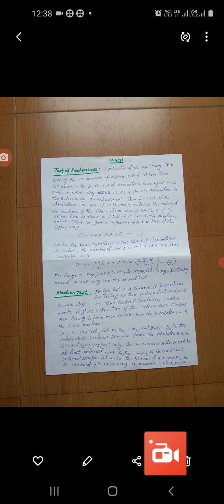That means xi is the ith observation in the outcome of an experiment.